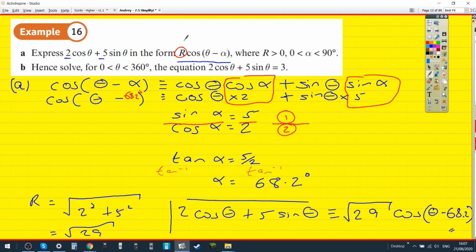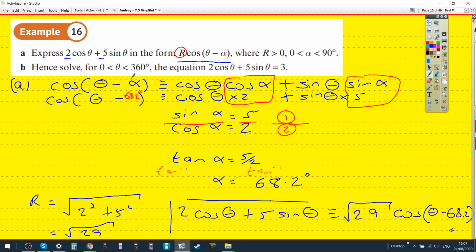So we have 2 cos theta plus 5 sine theta. We want to write it as cos(theta minus alpha) with some coefficient in front. To convert a mixture of cos of one angle and sine of one angle into cos of an angle with 2 parts, we just do the double angle formula in reverse.